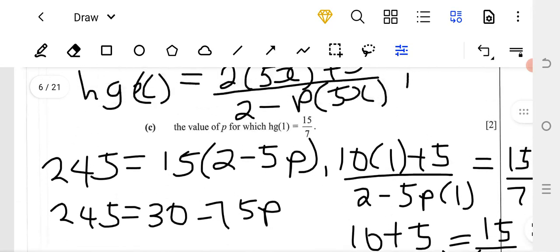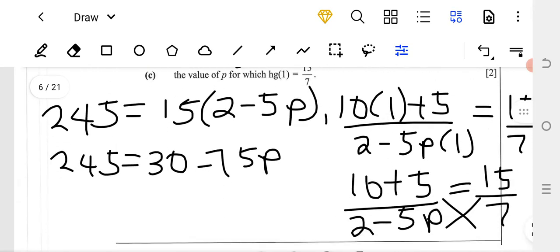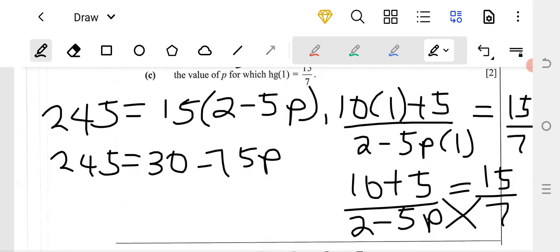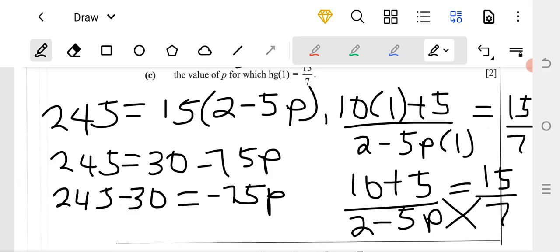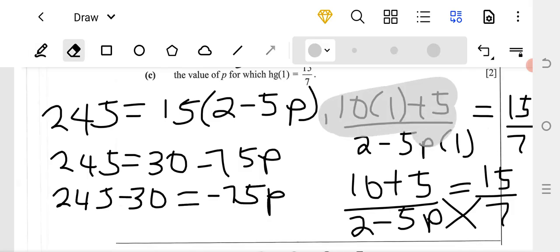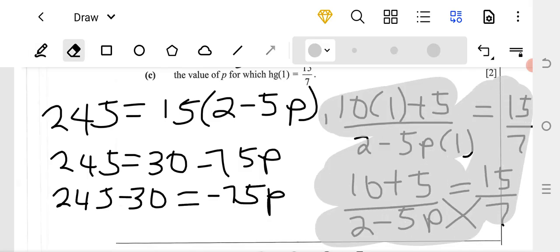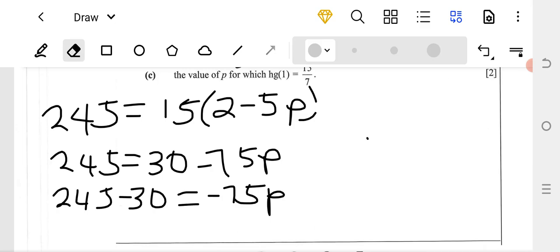Okay. I just wanted to give you some time to look at what I've done. So it's going to be 245 minus 30 is equal to negative 75p. 245 minus 30 is 215.